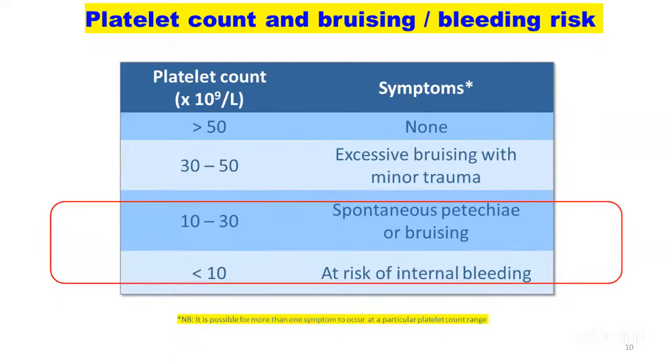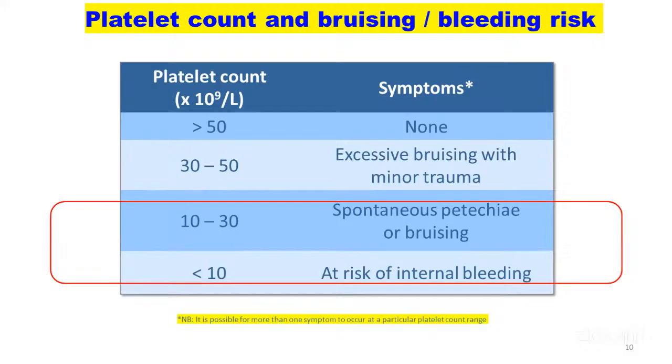As I mentioned in the early part of my talk, the symptoms are related roughly to the platelet count, though not always. When the platelet count is usually more than 50,000, there are usually no symptoms. When it is around 30 to 50,000, there might be excessive bruising with minor trauma. With counts of 10 to 30,000, there might be spontaneous petechiae or bruising.